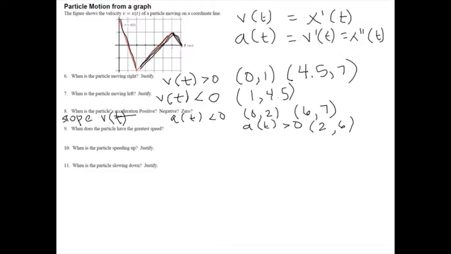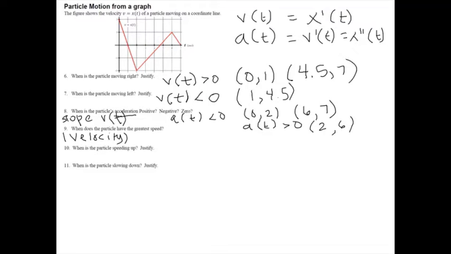Now, where does the particle have the greatest speed? Well, remember, speed is the absolute value of velocity. And you already have the velocity, which is helpful. So what you want to do is look at all of your y values. I have a y value, let's see, down here at -2.